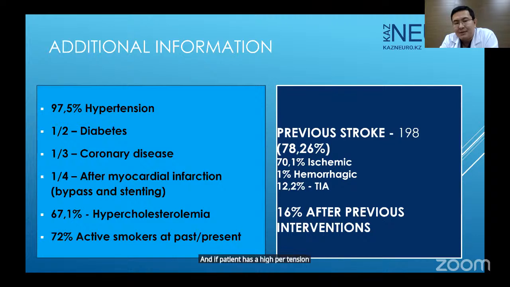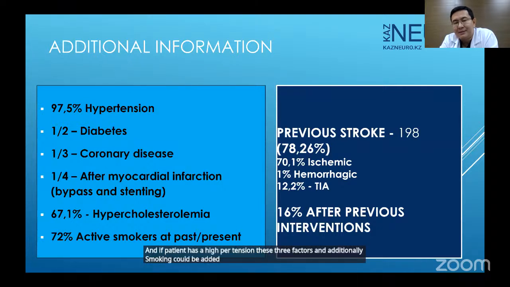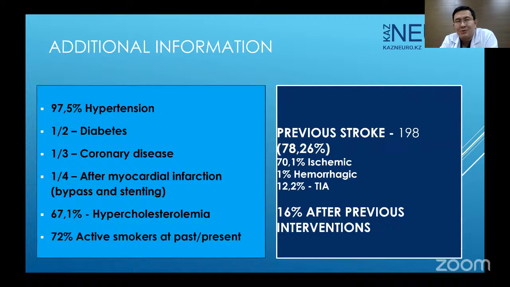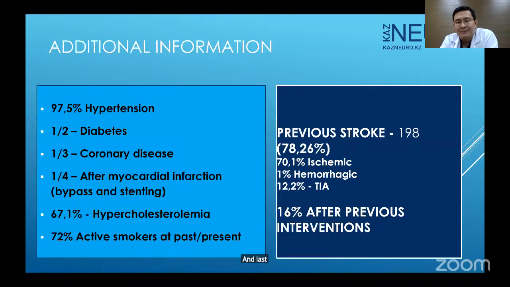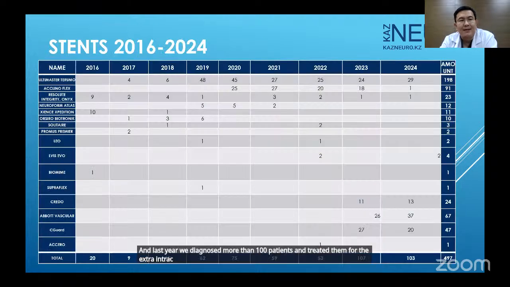These three factors, and additionally smoking, could be added to these criteria, and a patient in this group has a high chance to have an extracranial stenosis. Our hospital's population is 30,000, and last year we diagnosed more than 100 patients and treated them for the extracranial stenosis.